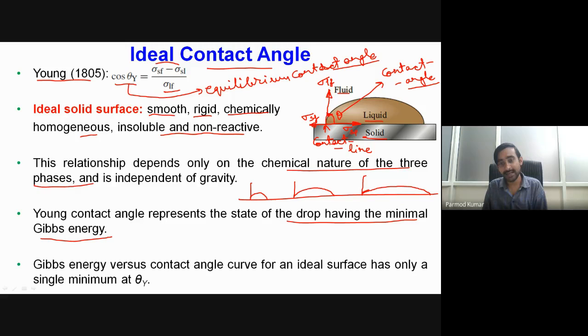Now if we plot the Gibbs energy versus contact angle curve for an ideal solid surface, we will find that we only have a single minimum point.